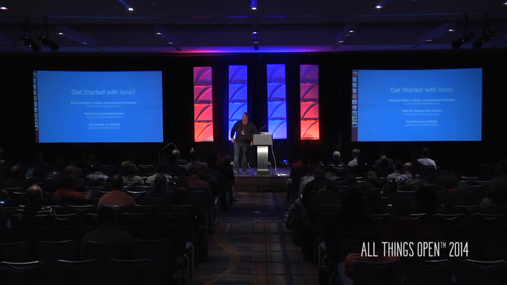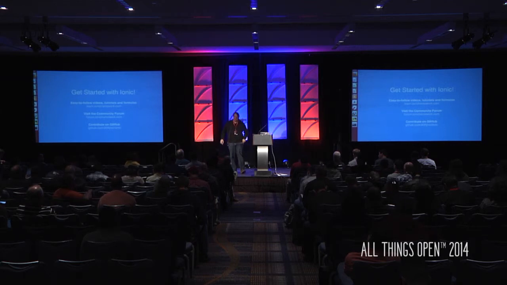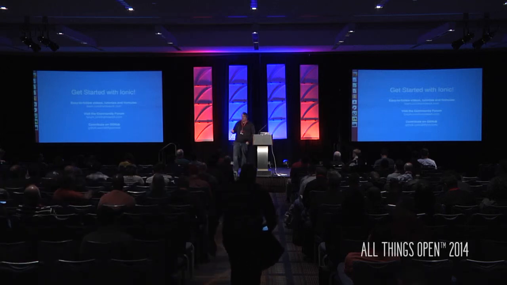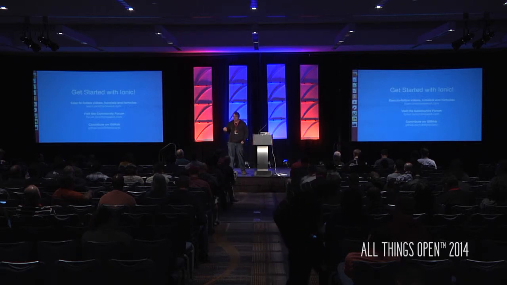Okay. Yes, sir. Do they provide any strategies for dealing with out-of-service issues, sort of an offline type of support? Right. So the question is, does Ionic provide any strategies for offline support? Actually, by leveraging AngularJS, they allow you to pick all kinds of offline tool services that integrate in AngularJS.